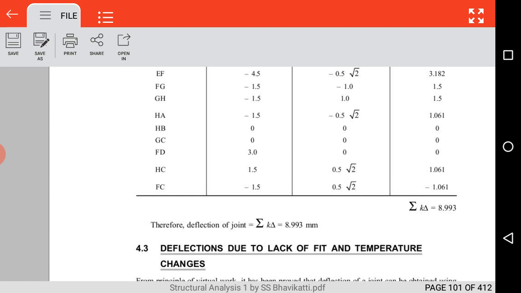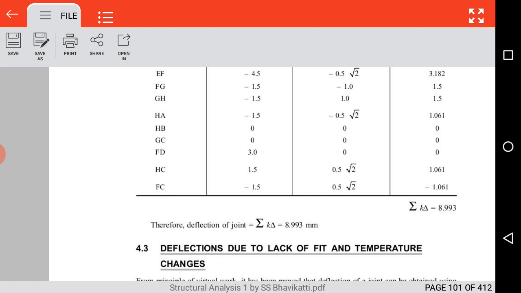So in this way we will be analyzing the trusses by the unit load method. If you have any doubts in the analysis of the member forces, please refer to engineering mechanics, that is the method of joints, for the analysis of the trusses, and note down the values according to the members and the nature of the forces.